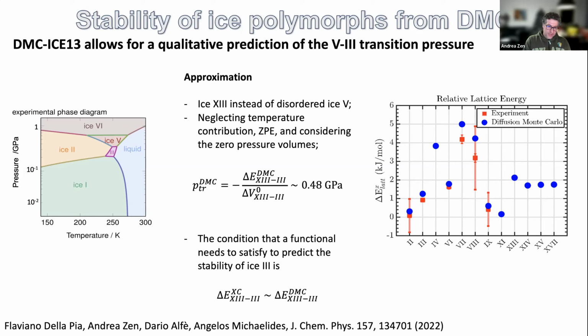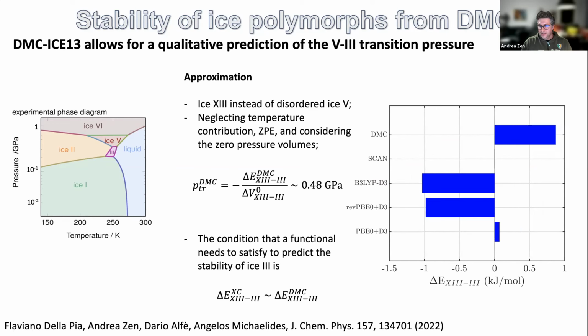We did that, and this led us to predict a phase transition at roughly half a gigapascal. So according to our calculation and with the approximations that we introduced, there should be a phase 3 in the diffusion Monte Carlo phase diagram.